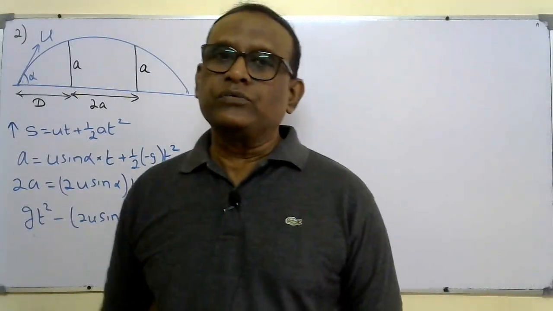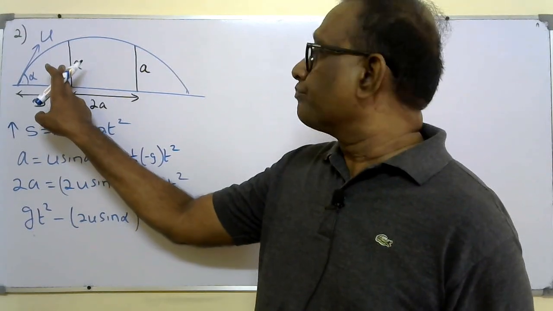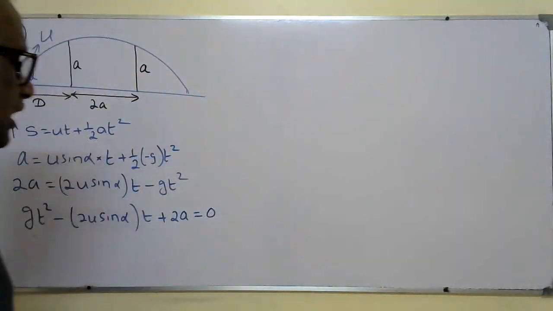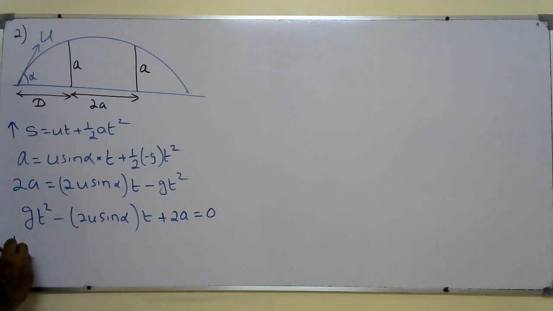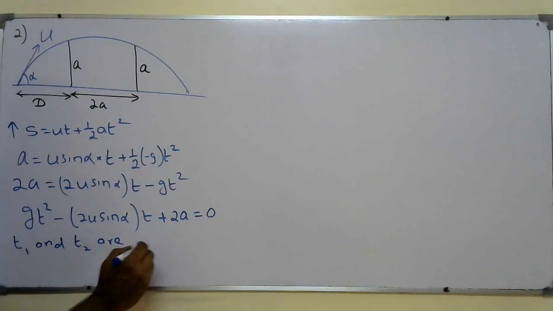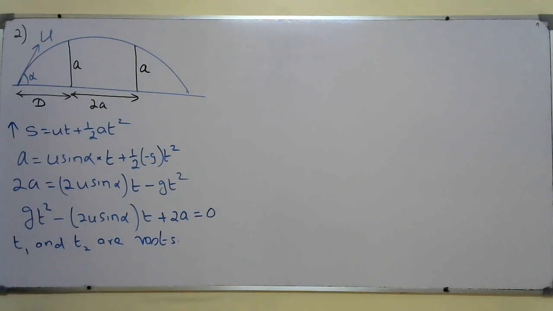So let them be T1 and T2. T1 is the time taken to reach the first wall, T2 is the time taken to reach the second wall. The two solutions T1 and T2 are the roots of this quadratic equation.